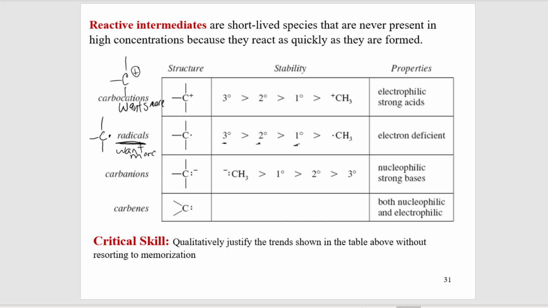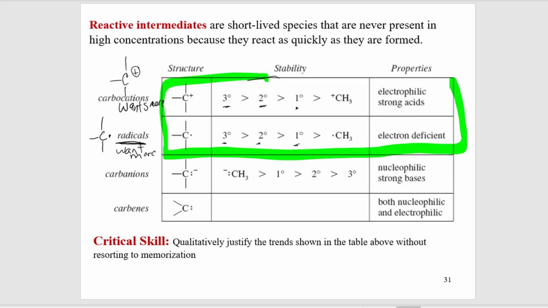So look at the trend for a carbocation and a radical. They have the same trend. Tertiary, because having more electron donating groups around you, is better than secondary, is better than primary, is better than methyl. So I want you to group these electron deficient compounds together.